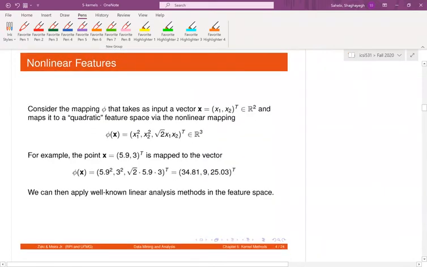Now, for nonlinear features, similar to the example that I showed you, the mapping phi is going to be nonlinear. So our input space in the example that I showed you was weight and height of animals, right? So our input space already is a vector that can be defined like this.